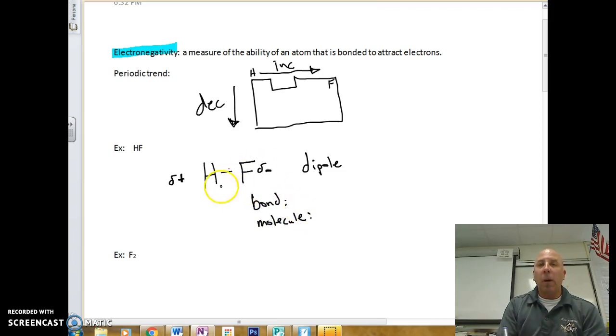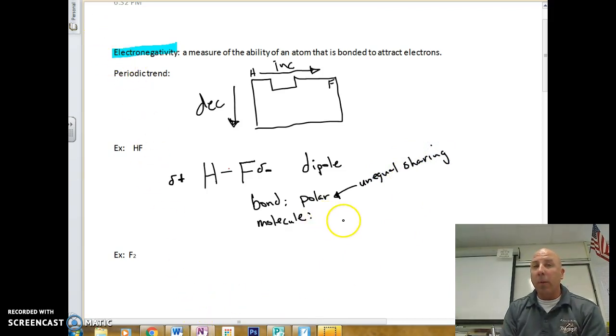The bond itself, just looking at the bond, is going to be a polar bond. And polar means that you have an unequal sharing. Then we'll look at the molecule rather than the bond.